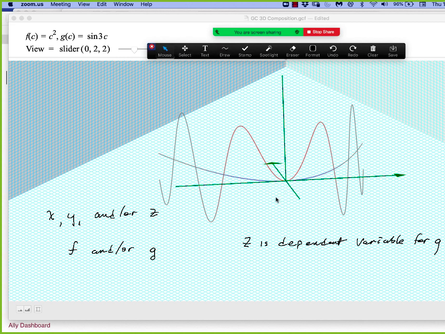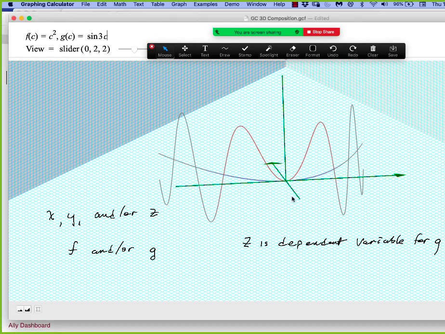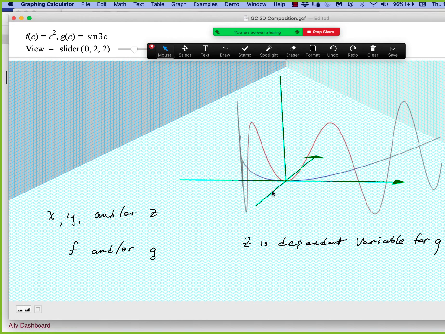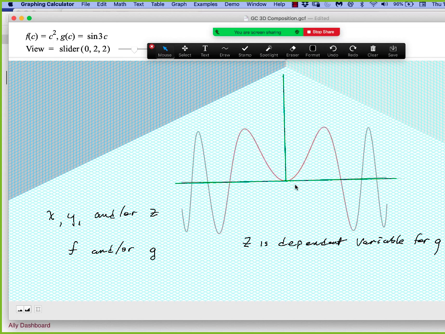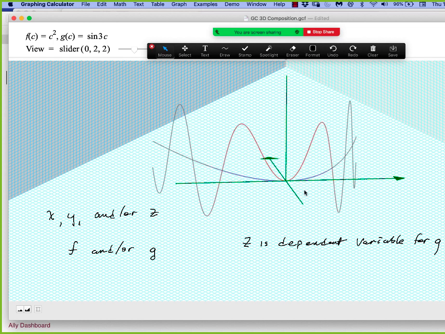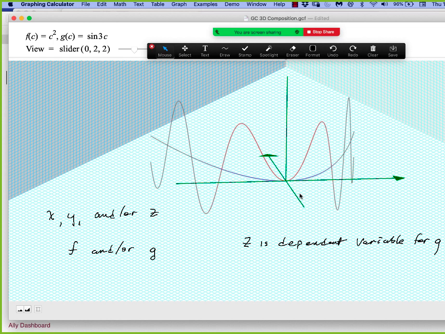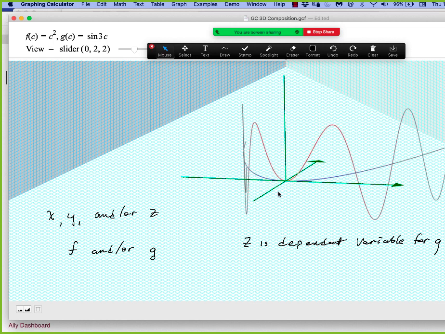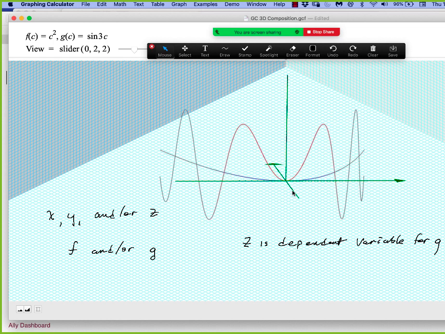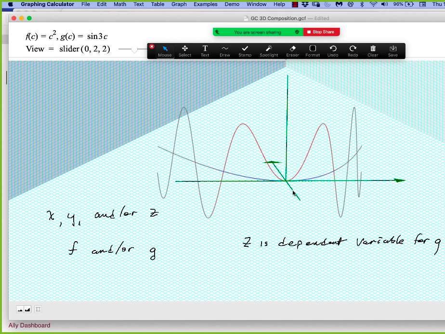So first of all, is this the graph of g? Is this the graph of g? Sine 3c, yes or no? I don't think so.